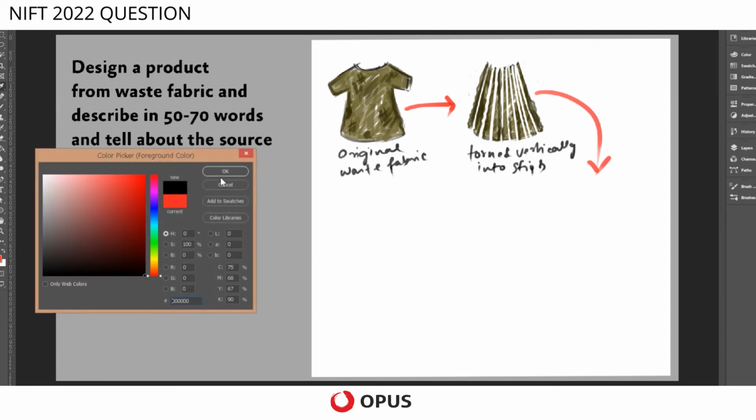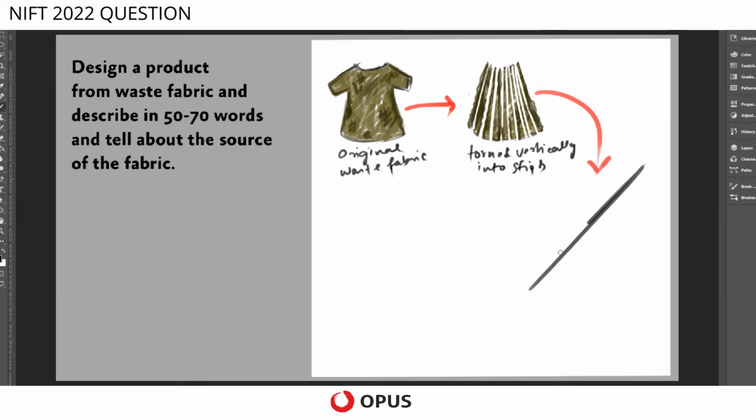Okay, then we can introduce a handle. Suppose a stick which can act as a handle, and this same tattered cloth can now be used as the edge of a cloth for a mopping stick.